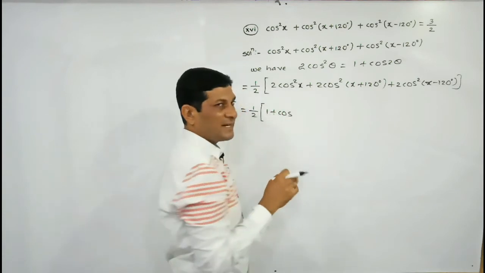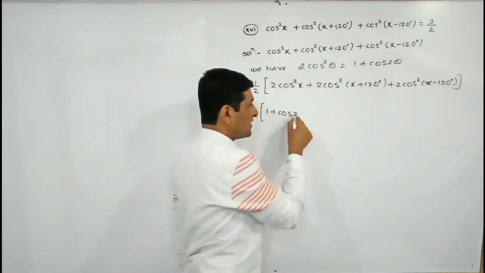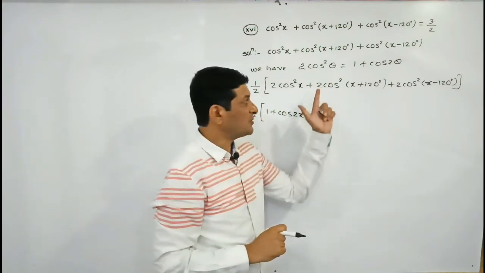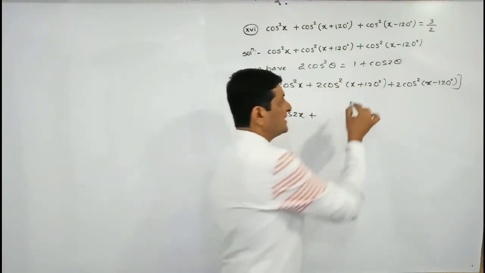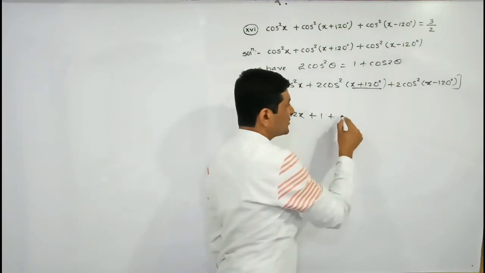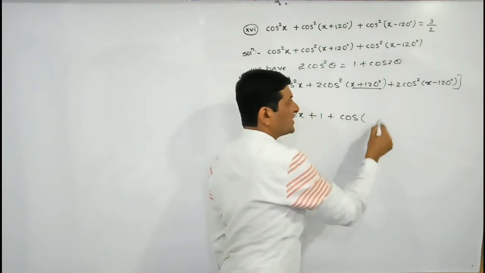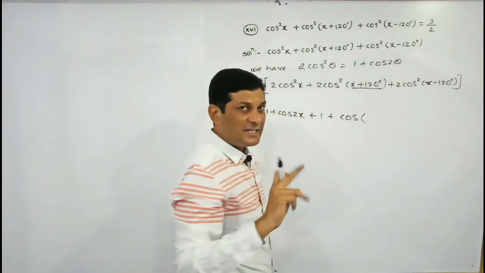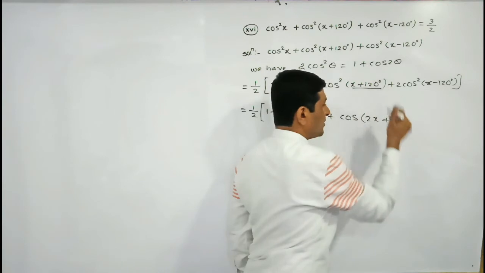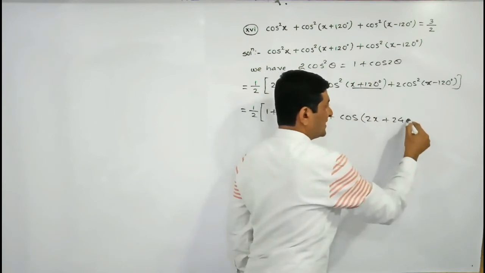What is theta here? X. So it's twice, means 2x, plus again this expression is also in the form of 2 cos square theta. So according to this formula, its value is 1 plus cos 2 theta. This is theta here, and it's twice, means what? 2x plus twice of 120 is 240, isn't it?